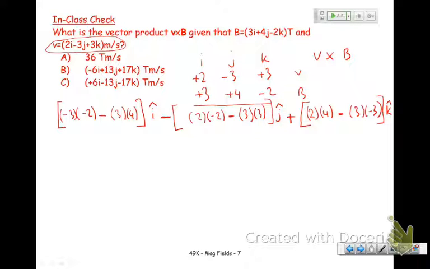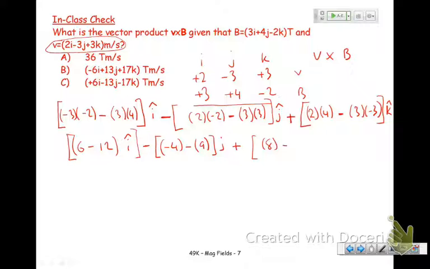So this is going to be minus and minus makes plus, so that's 6 minus 12 i. And that's going to be minus 4 minus 9. But that whole thing is minus, so we'll get to that in a minute. j plus 8 minus 9.